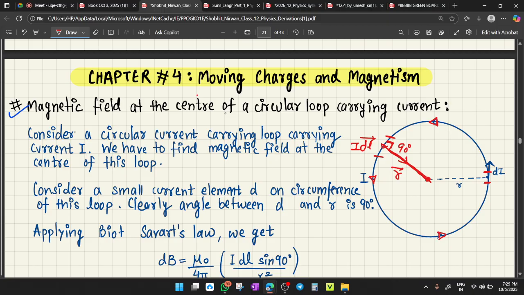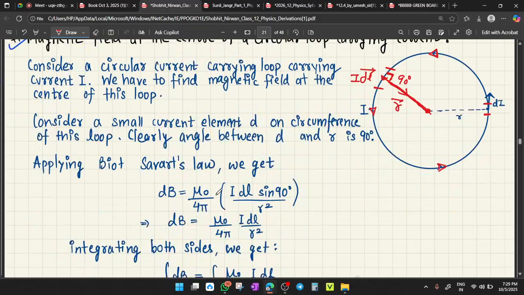So consider a circular current carrying loop carrying current I. We have to find the magnetic field at the center of this loop. Consider a small current element dl on the circumference. Clearly the angle between dl and the r vector is 90 degrees. Now place the formula.